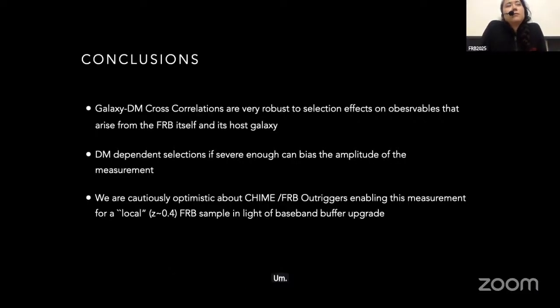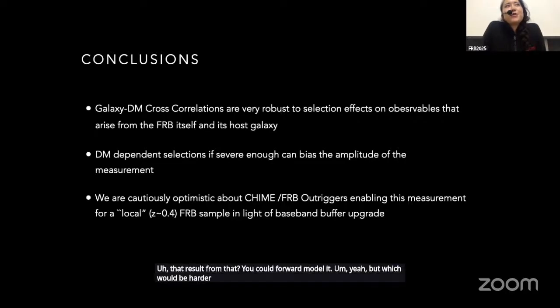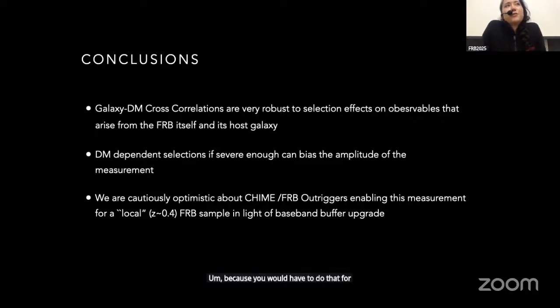So I was wondering, if you properly characterize your selection effect on the DM, can you avoid the bias that results from that? You could forward model it. Yeah, but that would be harder because you would have to do that for every simulation you're testing with. Yeah. Okay, so it will be dependent on a simulation. That's what you're saying.